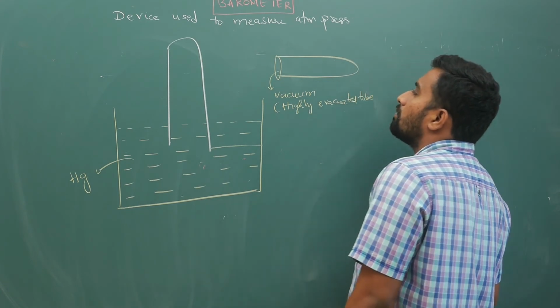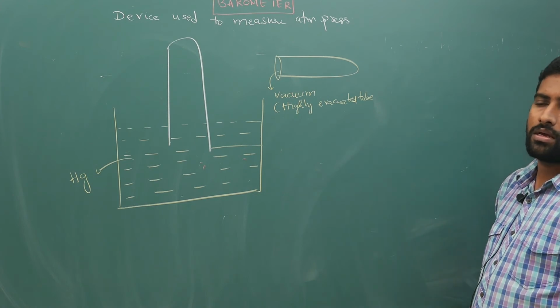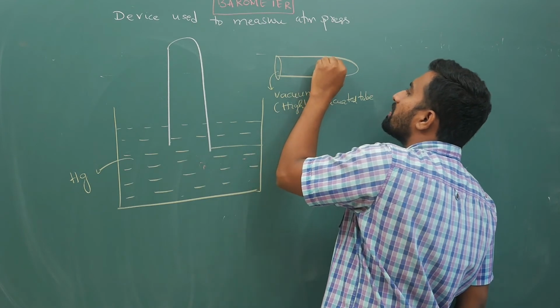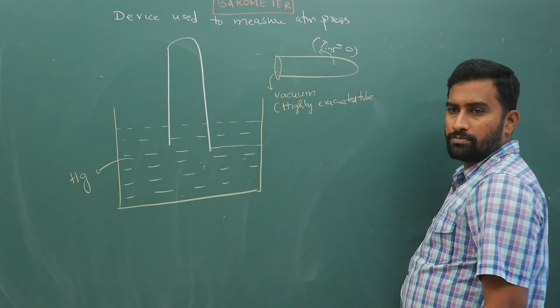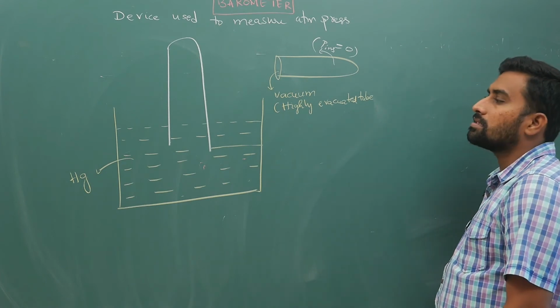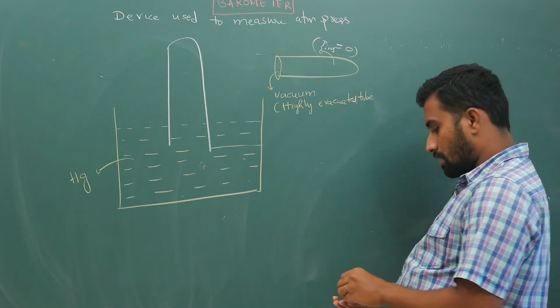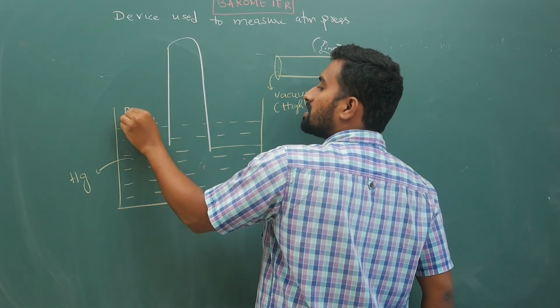That is what you are supposed to understand. Now what happens is, when this is filled with vacuum, your pressure will be zero here. If it is vacuum, pressure inside the tube is zero. Now when the pressure is zero, what happens? On the surface you have atmospheric pressure P naught.